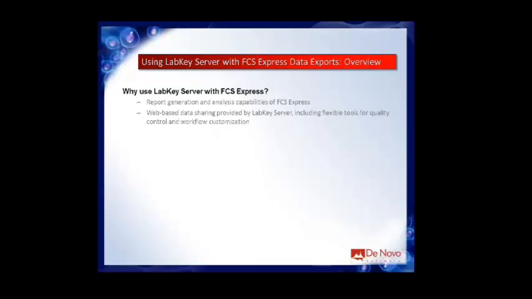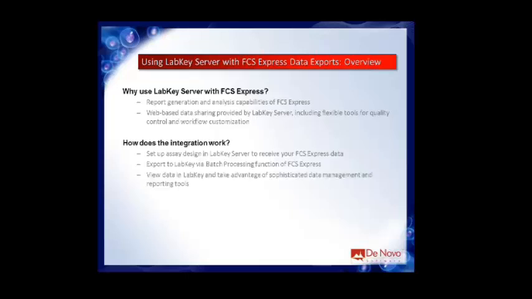Okay? So how does the integration work? Basically, that's what I'm going to take you through the highlights of in a moment, but the overall flow is you set up your assay design in LabKey Server to receive your FCS Express data. And you can set up your FCS Express layout first and then set up your assay design in LabKey Server. They go hand in hand. It's not that there's a defined order, but you do need to have an assay design to specifically receive your exports.